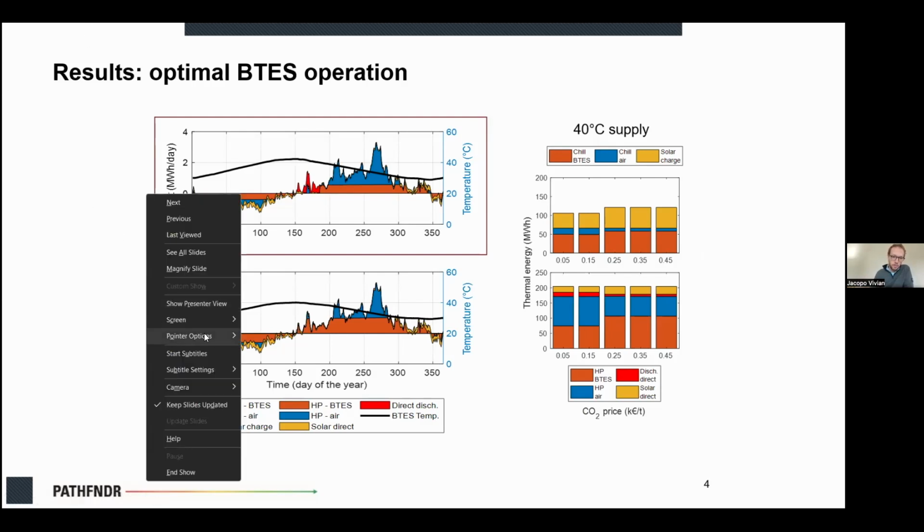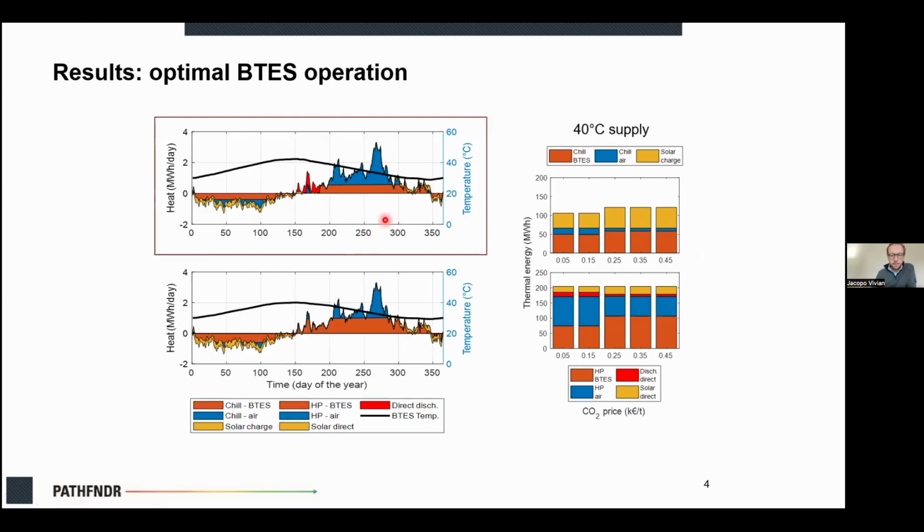The optimal operation in this case means that we provide the base load during winter with a water-to-water heat pump. So we extract the heat from the BTES, okay? And we provide the remaining heat, also covering the winter peak load, with the air source heat pump.